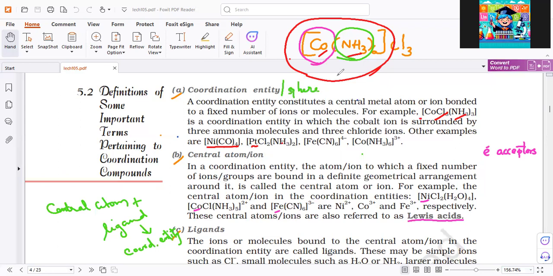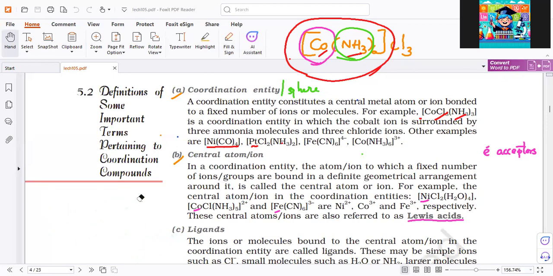What is the speciality? In the coordination entity, the metal atom is surrounded by a number of ligands in which the spatial orientation is highly specific. And ligands can be of different types.